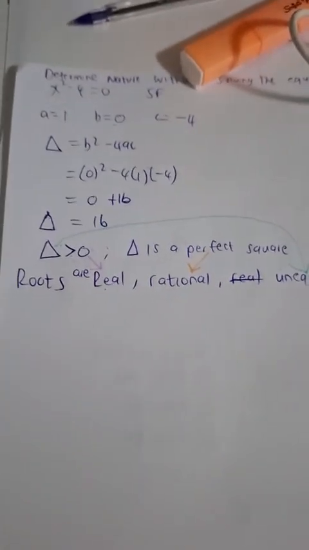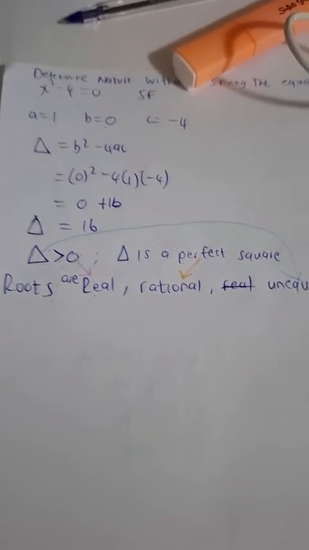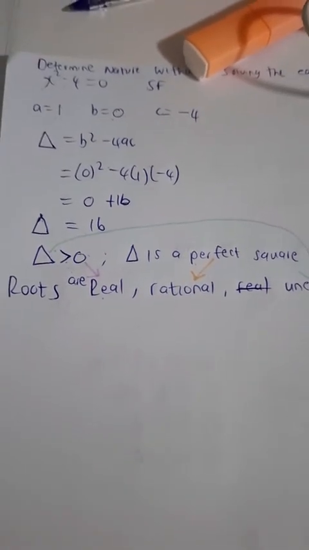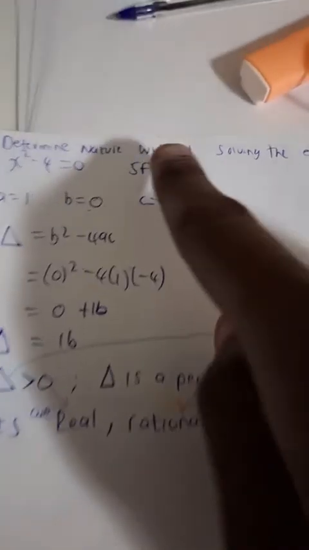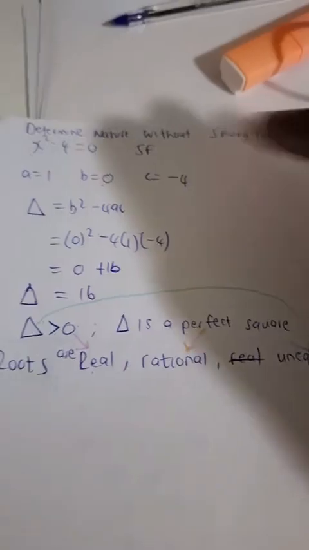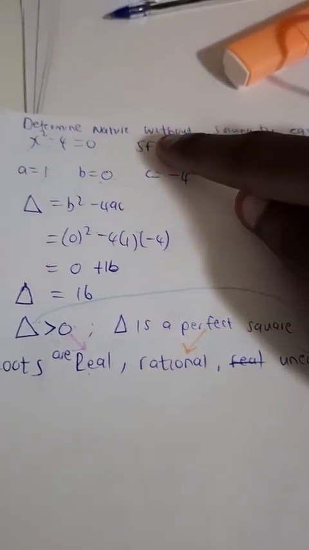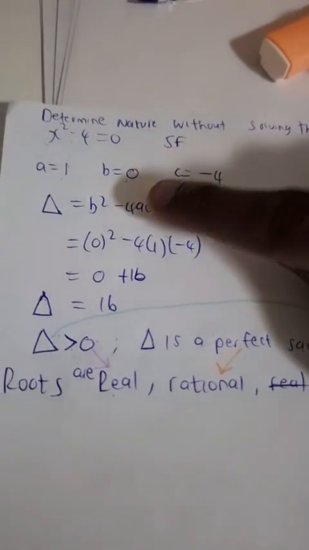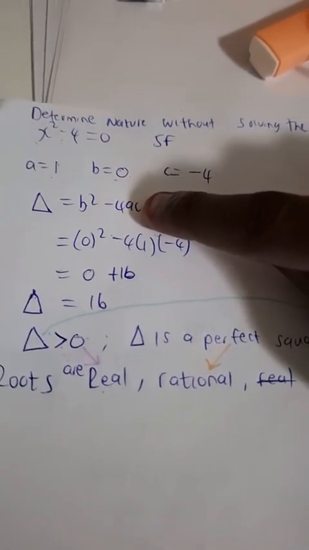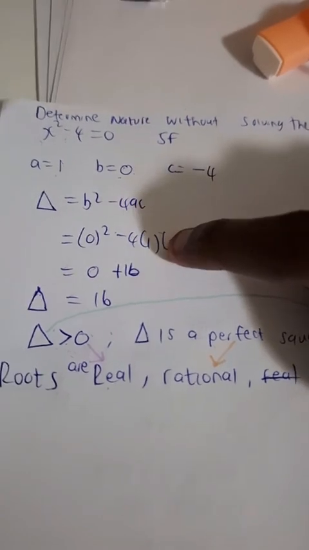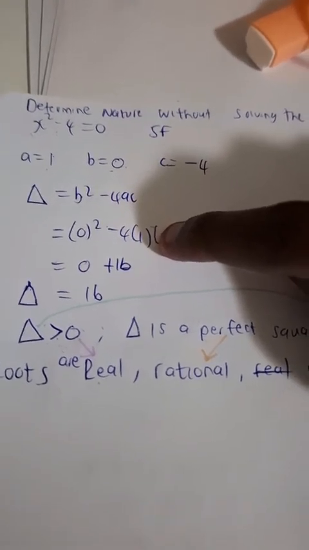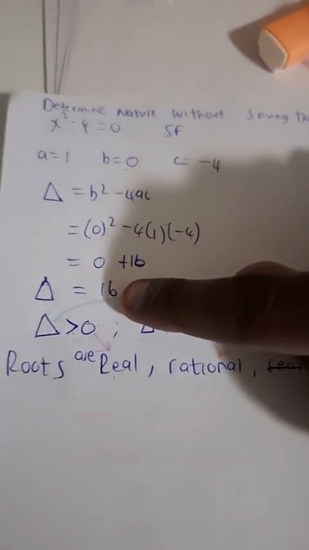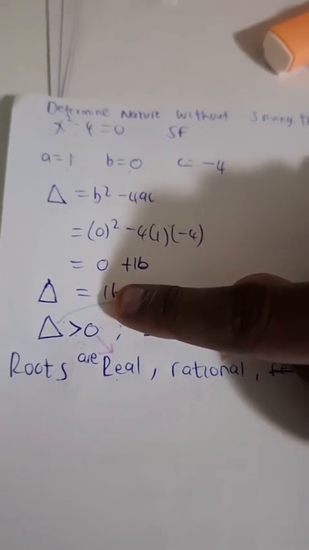Done. Finished. That is how you determine or discuss the nature of roots without solving the equation. Step 1, standard form. Step 2, identify A, B, and C. Step 3, write down delta. Step 4, substitute using brackets. Step 5, determine the value of delta.